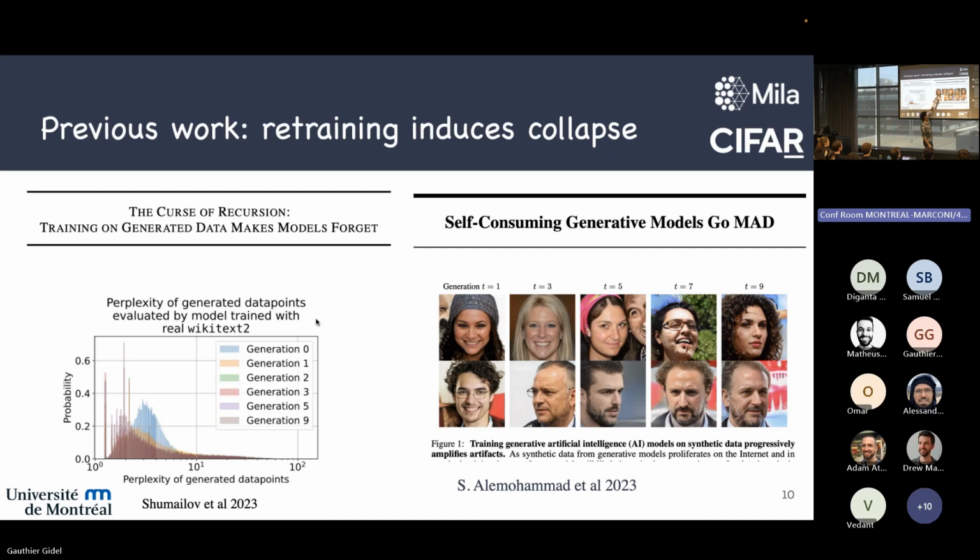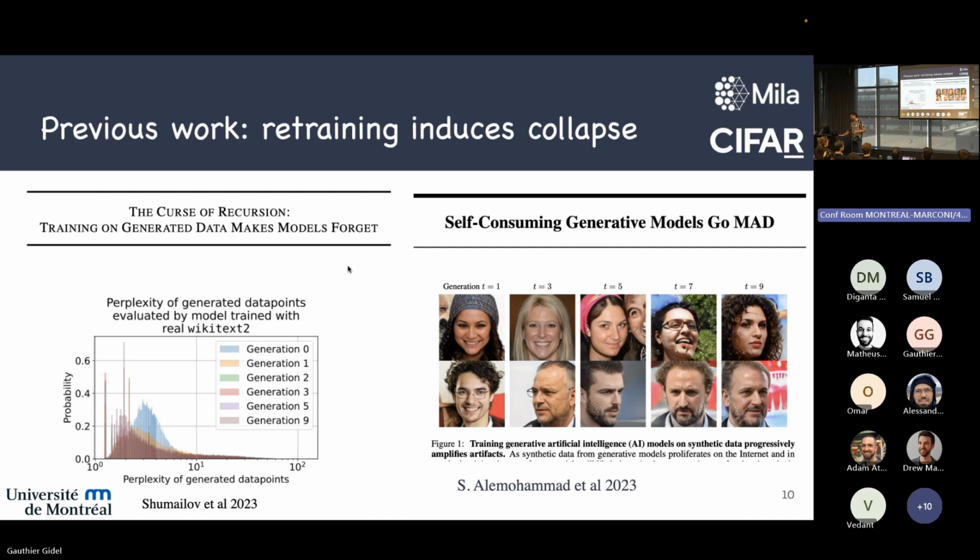So here you see a GAN trained on its own data, and you see that the quality of the generation decreases. I don't know if it's super clear for you, but if you look at the patterns on the cheek, you can really see that some artifacts are appearing and are becoming more and more clear. So these two papers had a message that was quite pessimistic with respect to generated data, and here we come.